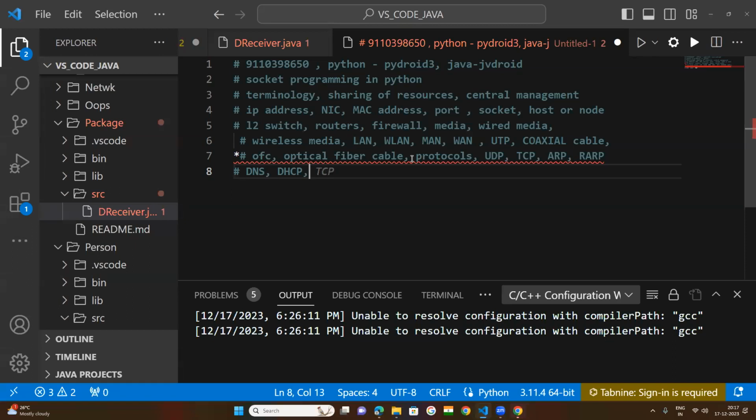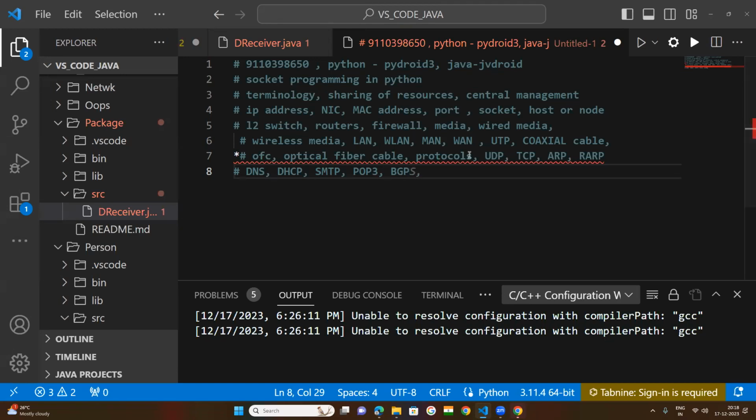There are so many protocols. You need to understand what the protocols are. SMTP, simple mail transfer protocol. POP, post office protocol 3. BGP, border gateway protocol. So many protocols.